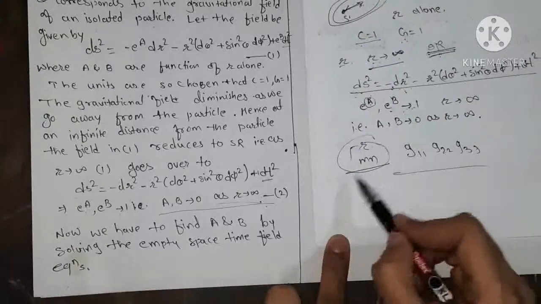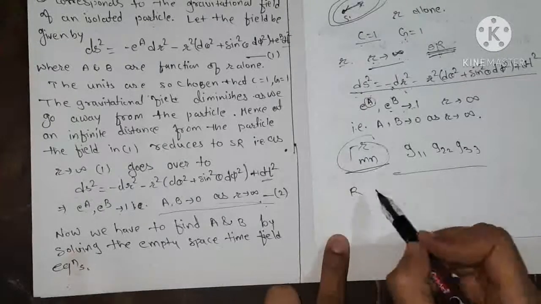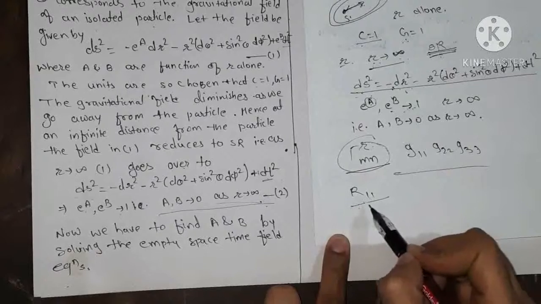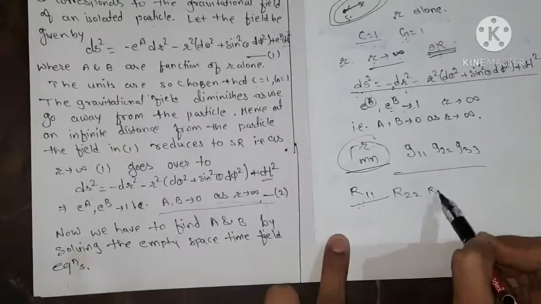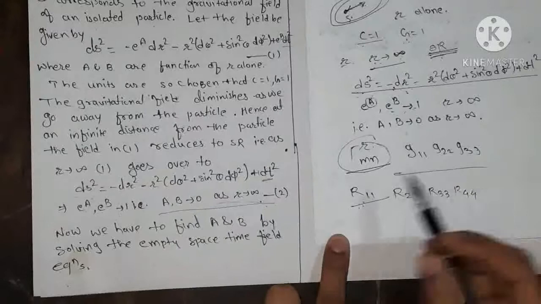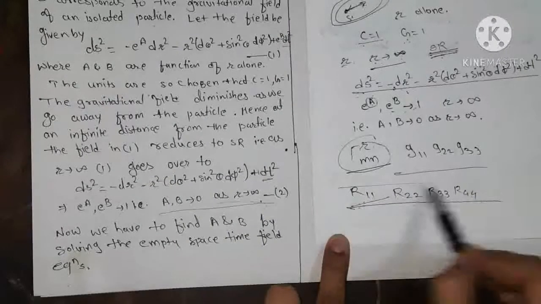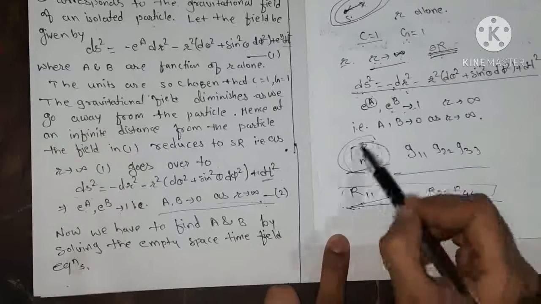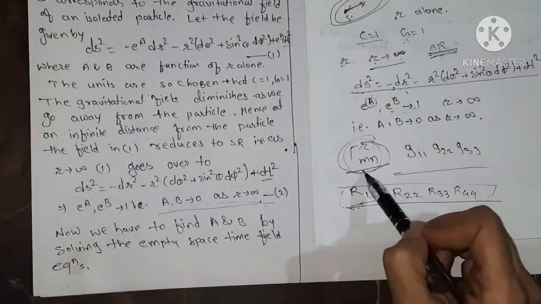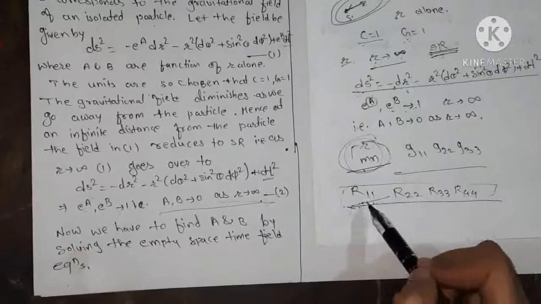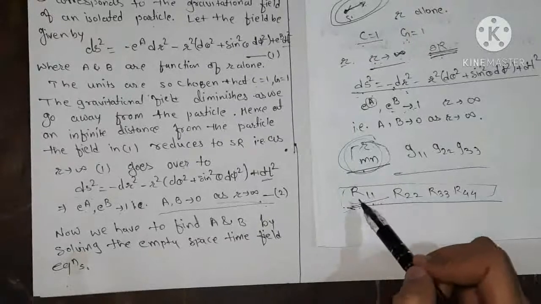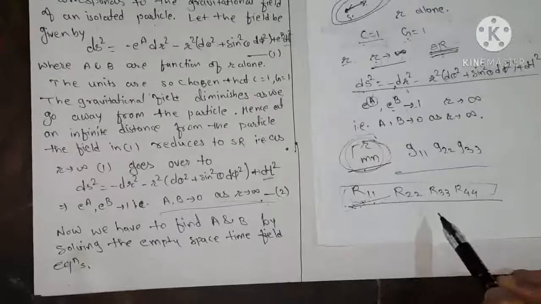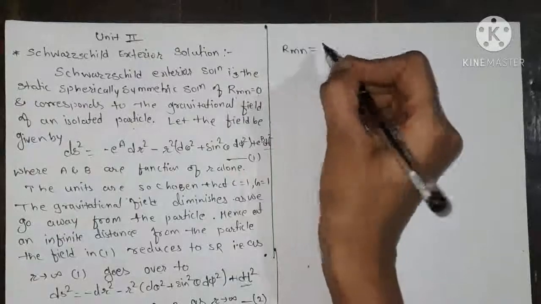Then we have only the non-vanishing components of Ricci tensor, R11, R22, R33 and R44, which we have to compute using the Christoffel symbols. In this lecture we compute one of them, that is R11, and the remaining you have to compute by yourself. Now Rmn, that is the Ricci tensor.